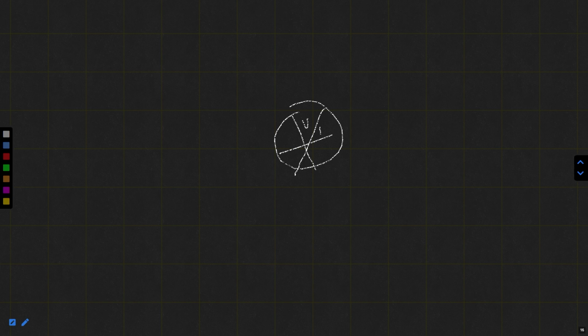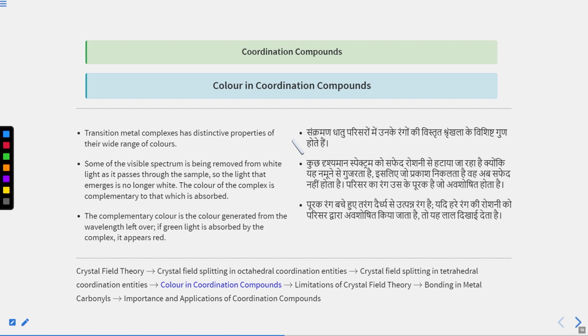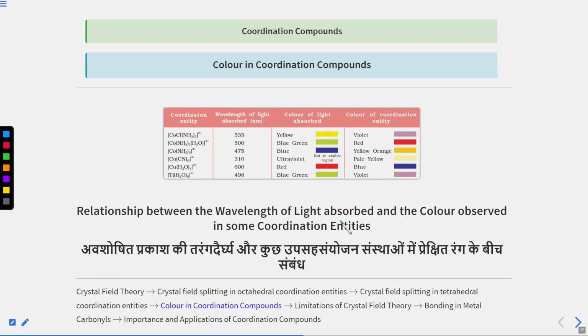Now, V, B, G, Y. The point I'm trying to make is that suppose violet color is absorbed, then the complementary of that color will be released.